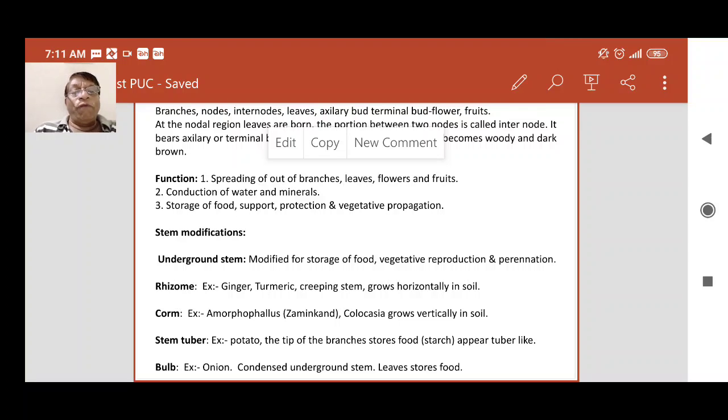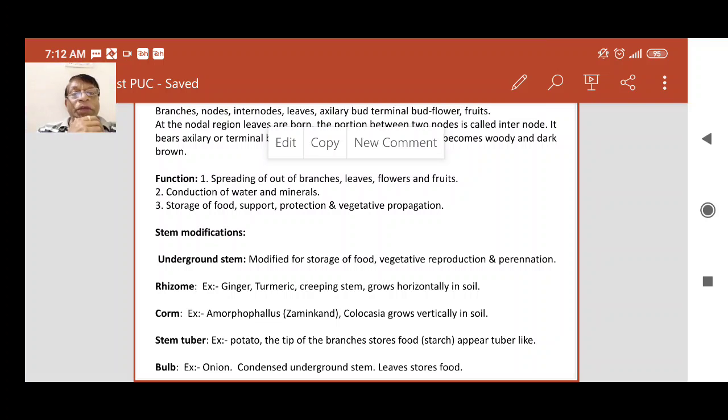Then, for what purpose is the stem modified? The underground stem is modified mainly for storage of food or for vegetative propagation or even for perennation purpose.